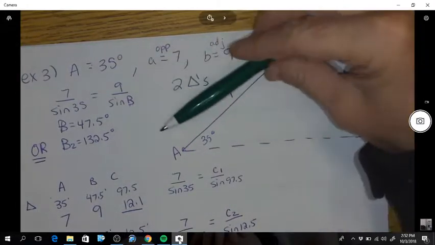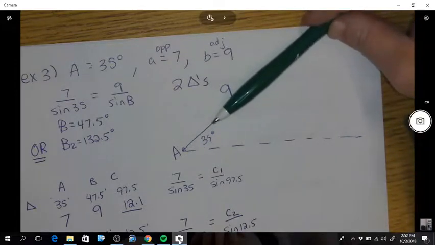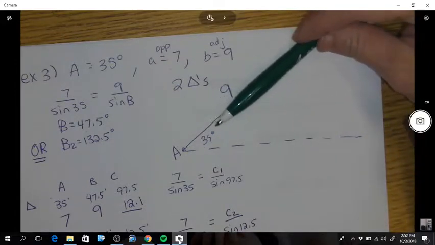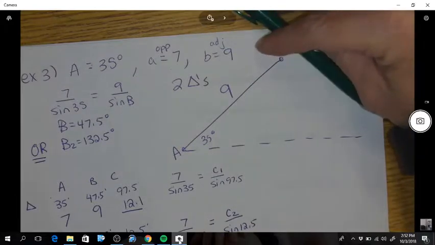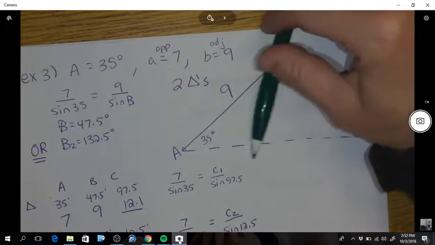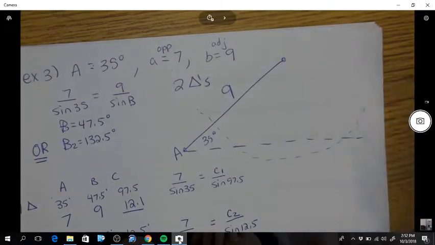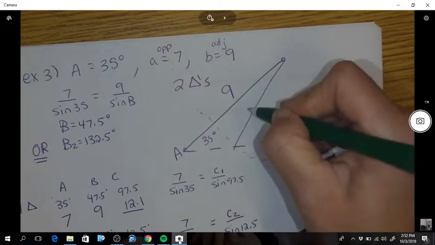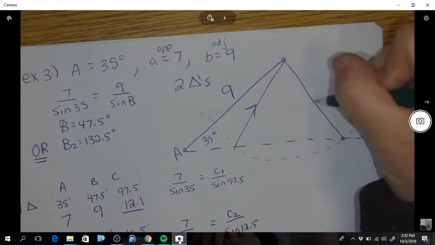If that's length 9, then 7 would be about this length. So when I swing 7 around, it's going to hit twice. Swinging 7 around ends up hitting here and here.